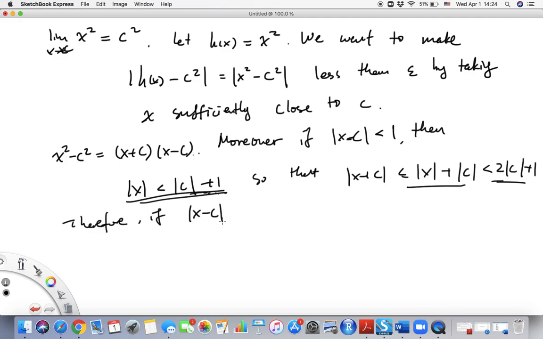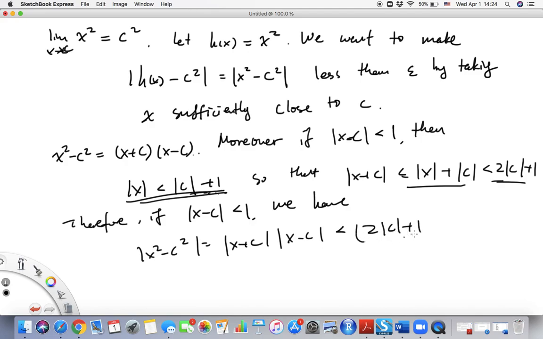Okay, so therefore, if the absolute value of x minus c is less than 1, we have the absolute value of x squared minus c squared is equal to the absolute value of x plus c times x minus c. That's less than 2 absolute c plus 1 times the absolute value of x minus c, right?